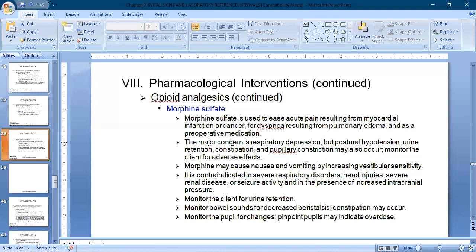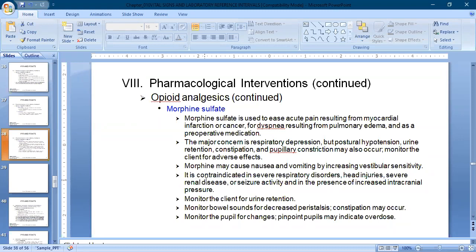The major concern is that respiratory depression is the most common side effect in patients prescribed morphine. But postural hypotension, urine retention, constipation, and pupillary constriction are also adverse effects of morphine. Morphine may cause nausea or vomiting.